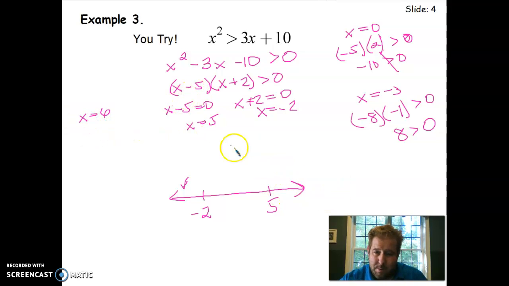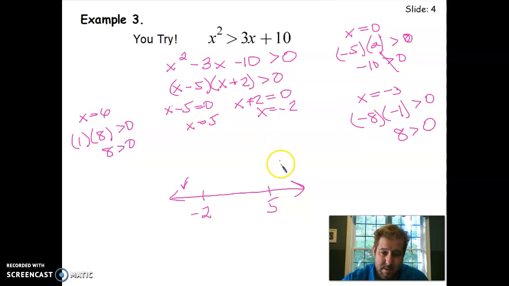It really doesn't matter what number you choose as long as it's greater than 5, anything to the right of that line. 6 minus 5 is 1, and 6 plus 2 is 8. When you multiply them, that is 8, and obviously that is greater than 0. So it looks like it's not or equal to, so it's going to be open circles, and everything to the right is a solution, and everything to the left is a solution.